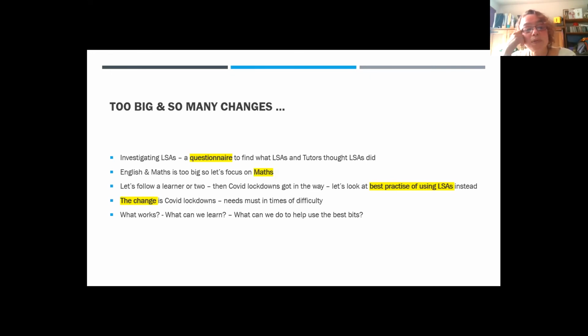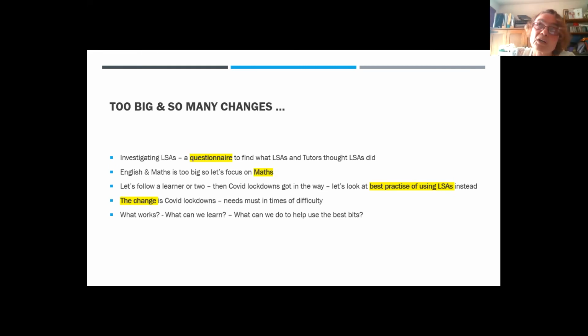We did start with a questionnaire to find out what LSAs and tutors actually thought LSAs did, which I'll come to in a minute. To begin with, we were looking at English and maths, but that was too big, so let's just focus on maths, and that's when I got brought into the project.